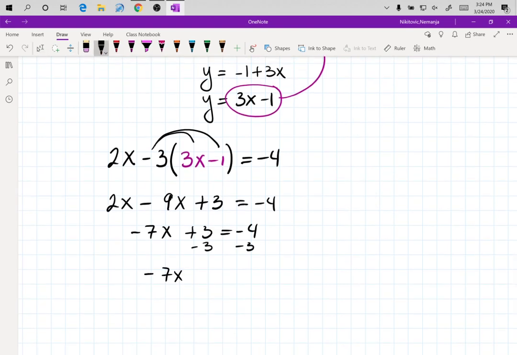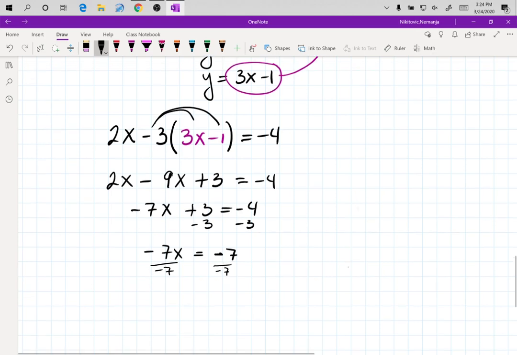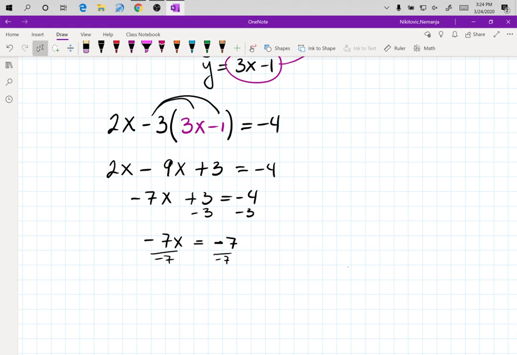Negative 7x is equal to negative 7, because minus 4 minus 3 is negative 7. And then we are going to divide both sides by negative 7, and that will give us x equals 1.